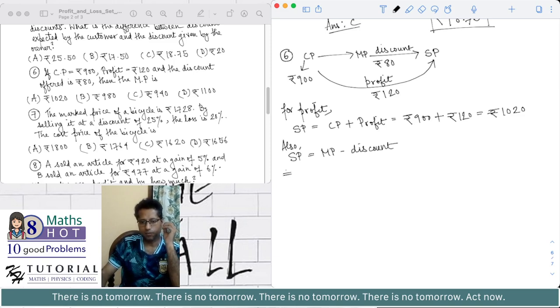This implies the selling price we know is rupees 1020. This is equal to mark price, which we do not know, minus the discount, which is rupees 80.